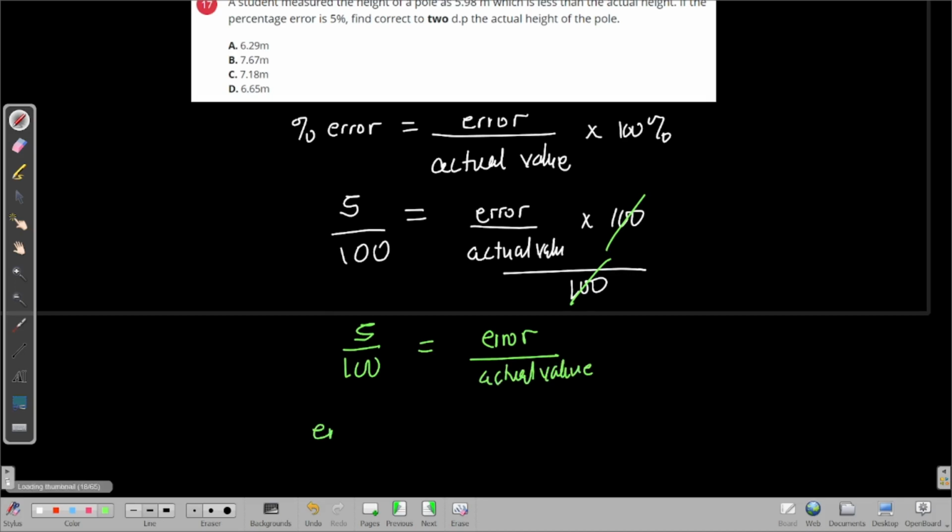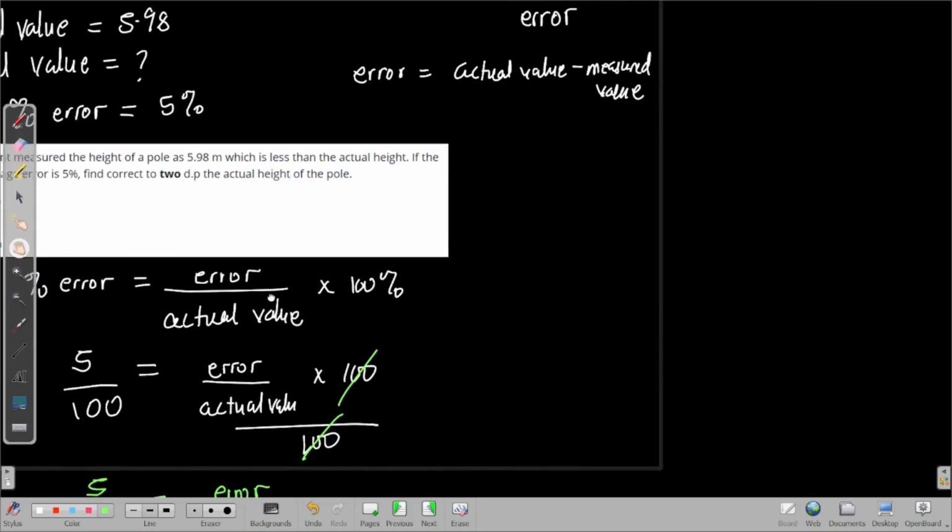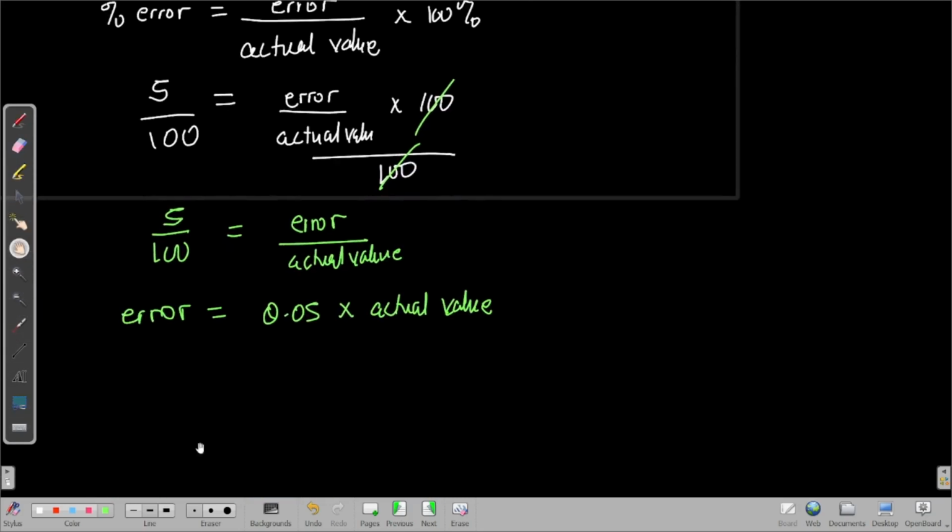So our error is equal to 5 over 100, which is 0.05, times the actual value. Okay, so let's call the actual value x. So 0.05 times x, which is 0.05x.